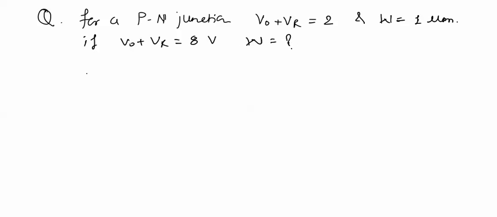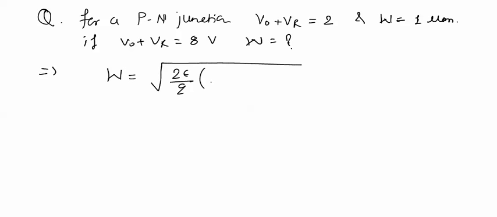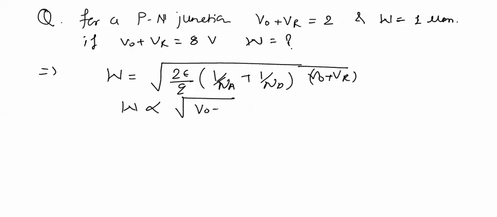We know that depletion layer width W equal to under root of twice epsilon upon Q into 1 upon Na plus 1 upon Nd into V naught plus Vr. Now from this we can write W is directly proportional to root of V naught plus Vr. If depletion layer width is W1, then voltage will be V naught plus Vr1.